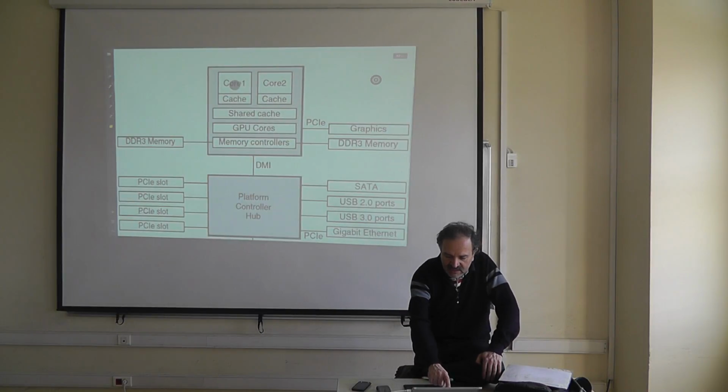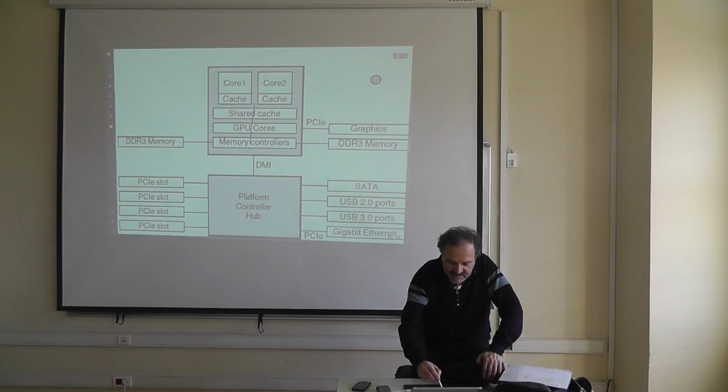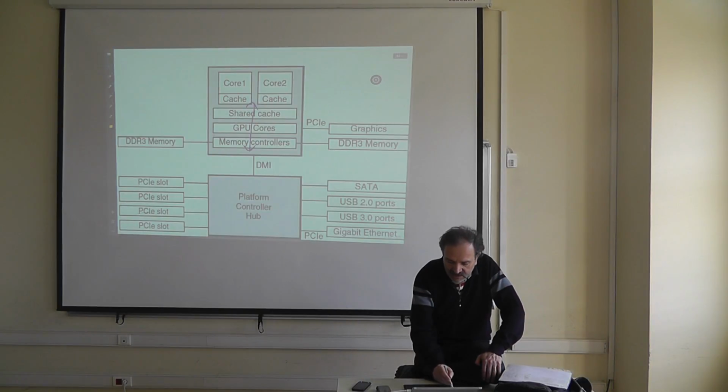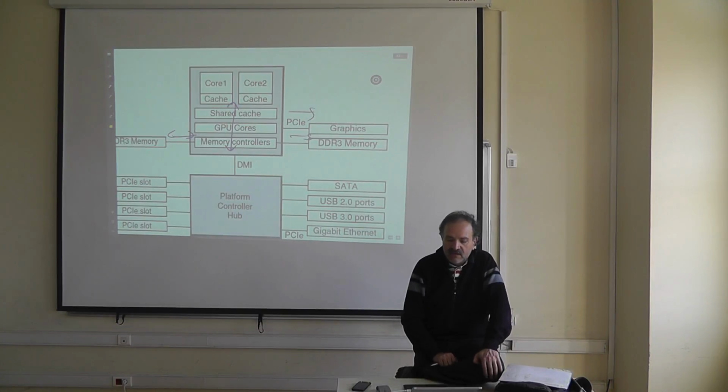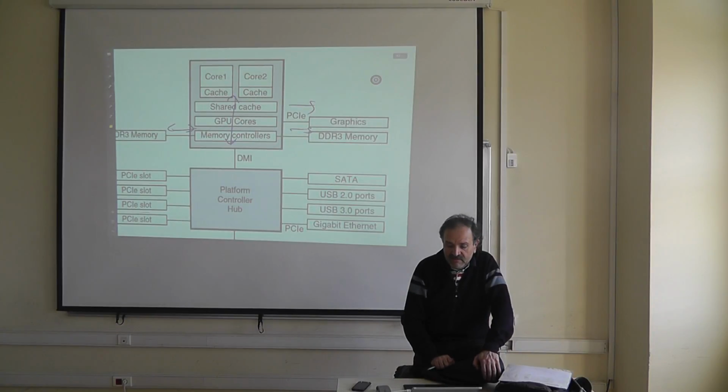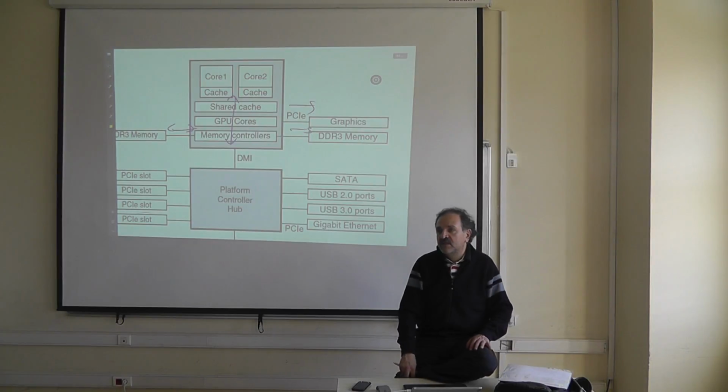So if this is my CPU, 2 cores, there is a very fast bus inside this CPU itself, and there are other dedicated buses. For example, for this graphics unit, the graphics unit has to communicate with the CPU very, very efficiently, because you are showing 100 frames per second on 2 or 3 displays, okay? And when you are doing this, you should not spend much time transferring the data back and forth.